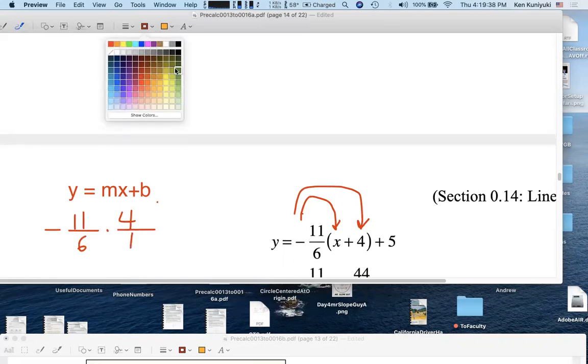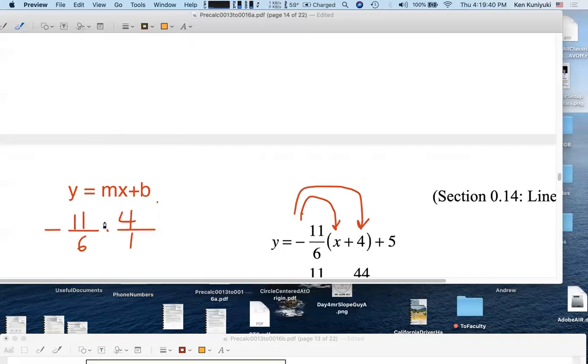In fact, we can do some cross-canceling. 4 divided by 2 is 2. 6 divided by 2 is 3. We're allowed to do this kind of cross-canceling. So in the end, we get negative 11 times 2 is 22. 3 times 1 is 3.